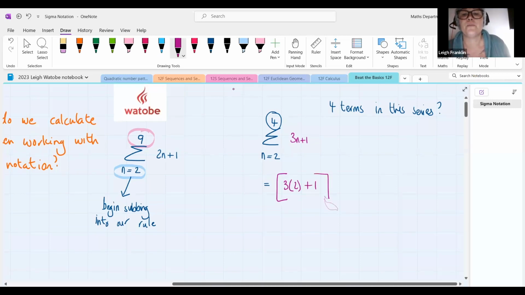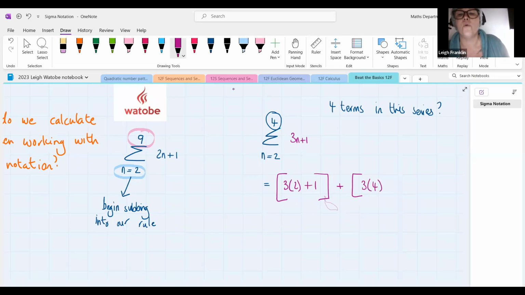That's our first term. Our next term, we sub 3 in. Beg your pardon, 3 times 3 is the next number up, plus 1. Okay, next number would be 4. So this would be 3 times 4 plus 1. Okay. Are there 4 terms in the pattern?